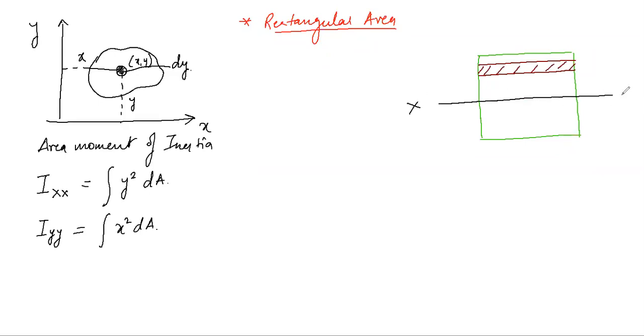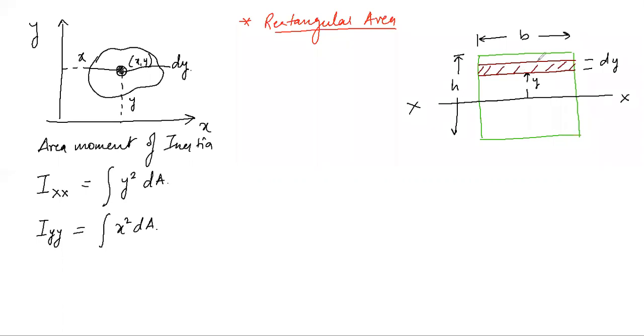About the x-axis, this is the distance, we can say this is your y distance, defined as dy. This is the height of this rectangle, and this is the width of the rectangle, right?